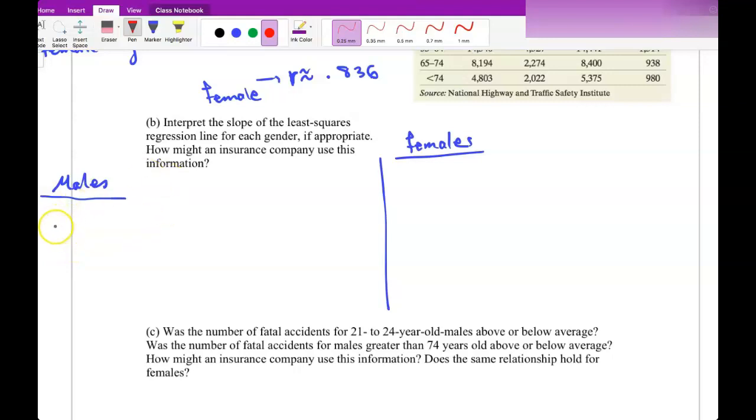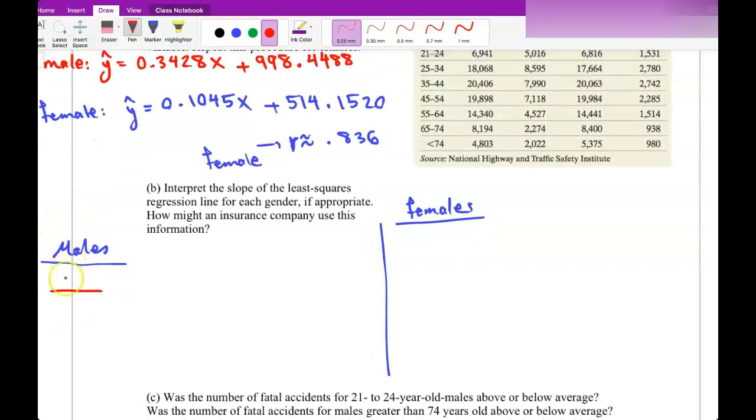So based on what slope is 0.3428 over 1. And here is 0.1045 over 1.